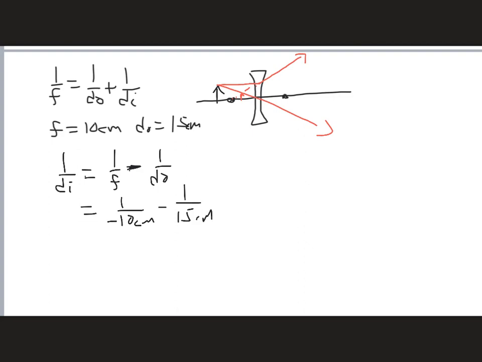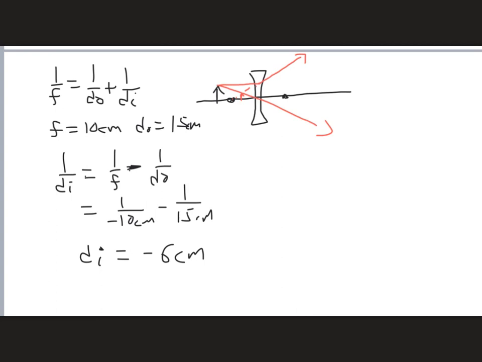I'll let you do the arithmetic. Just get a common denominator and add like we've done before. But when you do that, you get the image distance, di, is equal to minus 6 centimeters. You can see in our ray diagram above, the focal distance is at 10, and that's at minus 6. That looks pretty good.